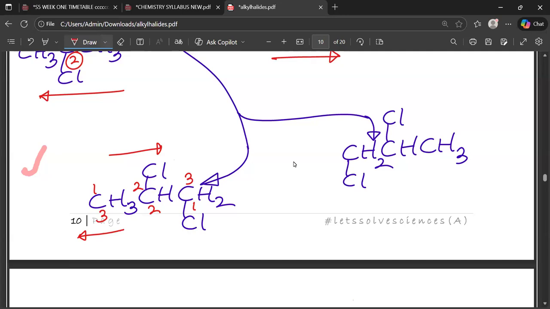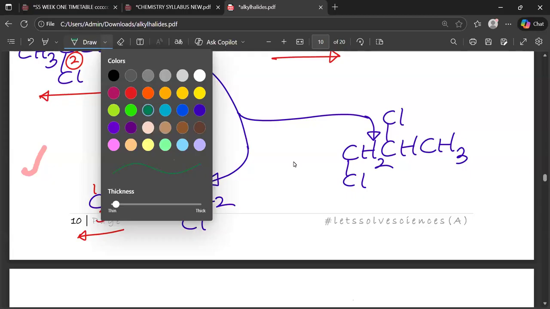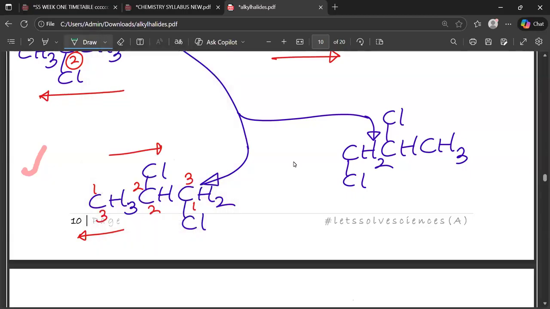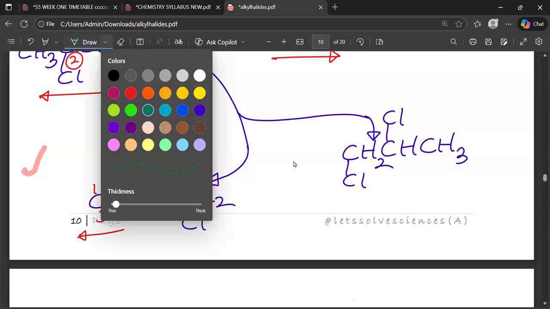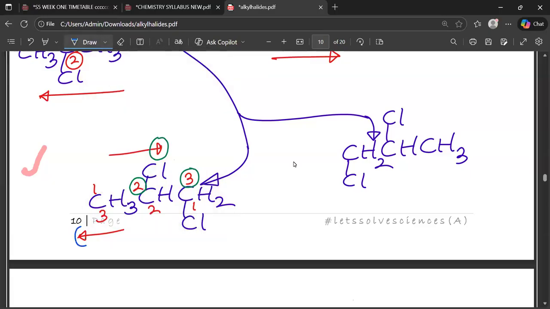So I'm supposed to take the direction of the lowest sum. When I consider this direction in green, it will be 2 plus 3, which is a 5. But when I consider this one in blue, it will be 1 plus 2, which is a 3. So this is a 2 plus 1, which gives me a 3.